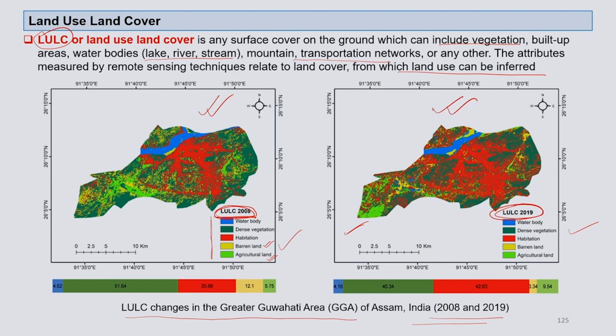You can see the area of the red color has increased quite significantly in 2019 from 2008. You can see that in this point, large agricultural areas were still there, but they are not here.